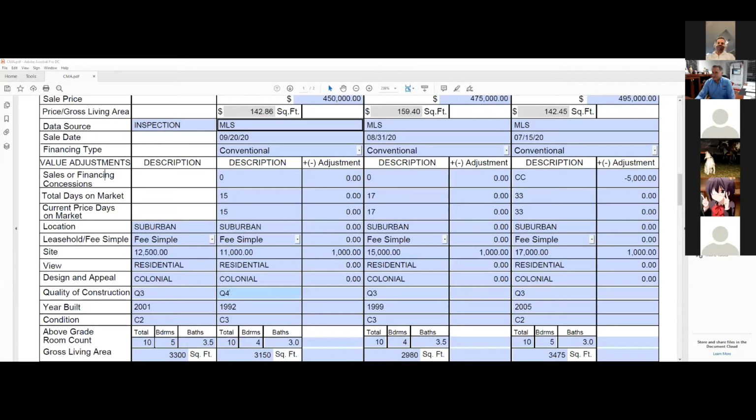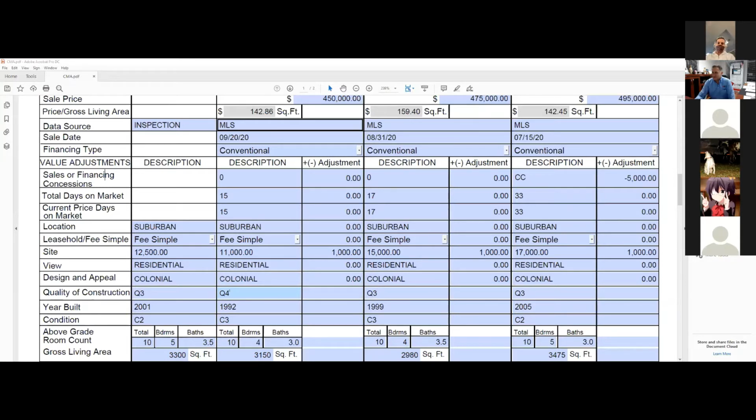Personally, depending on the price of the home, I can't scroll up, but I think for that adjustment alone I would do 5 to 10. Correct me if I'm wrong. For homes from $400,000 and up, it would be $15,000 to $25,000. For homes up to $600,000, it would be about $25,000 to $35,000.